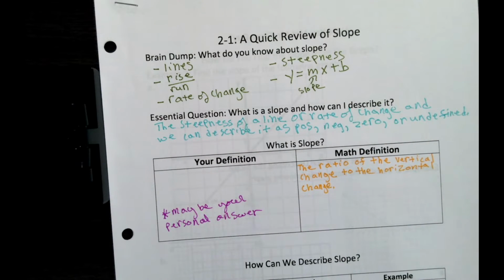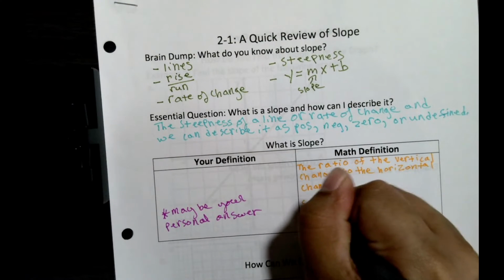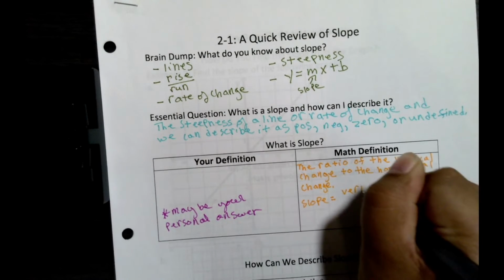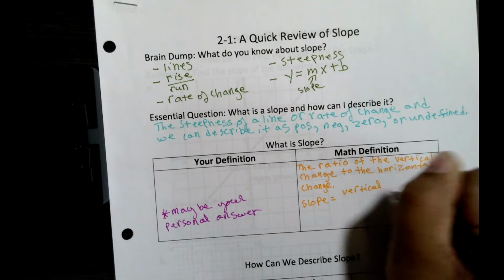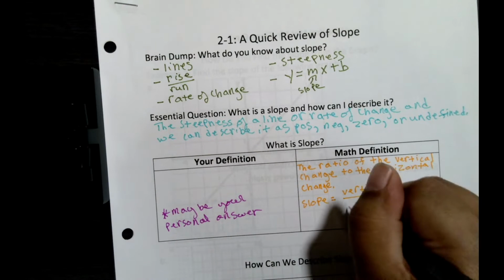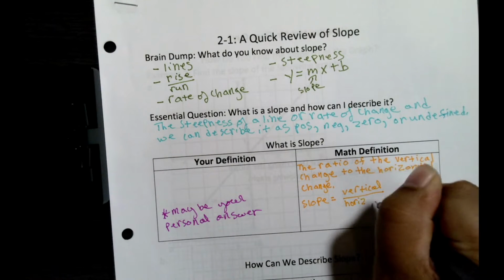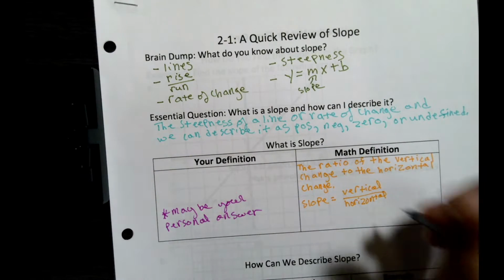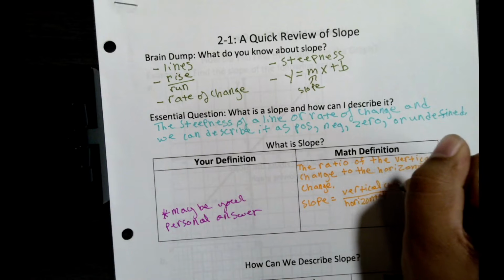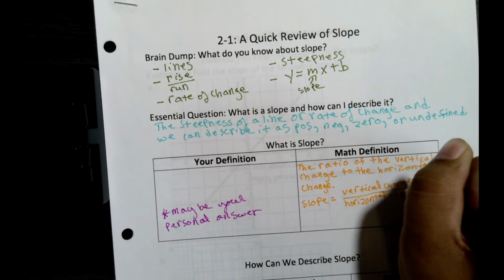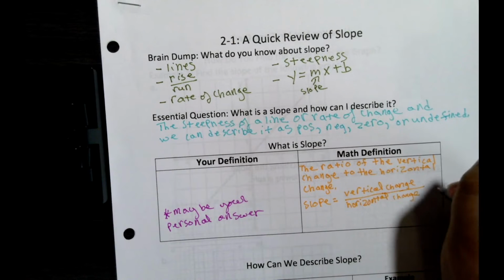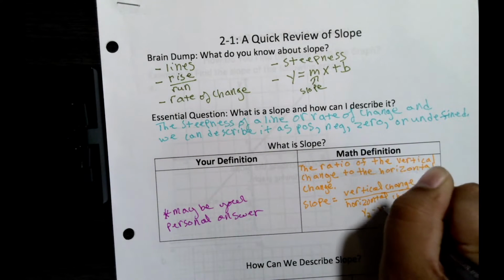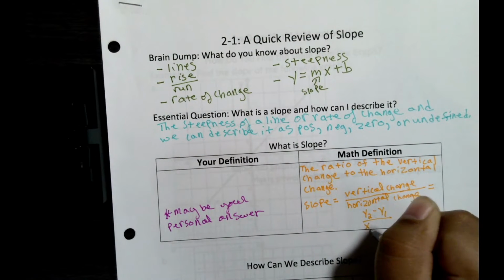So we're going to be looking at it like this. Slope equals vertical, which is our change in y, over horizontal change, which is equal to y2 minus y1 over x2 minus x1.